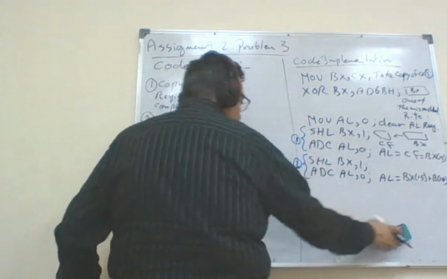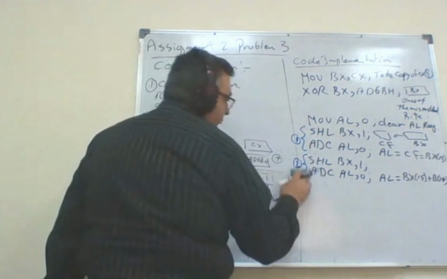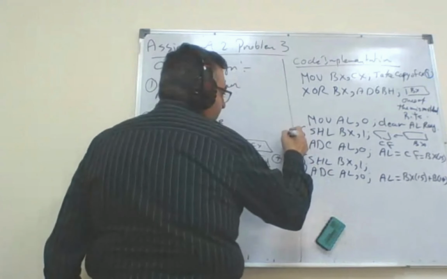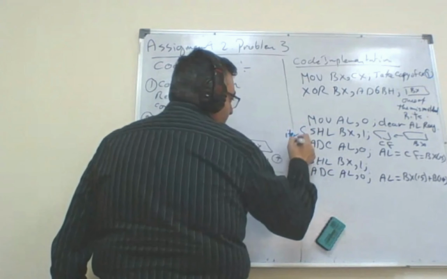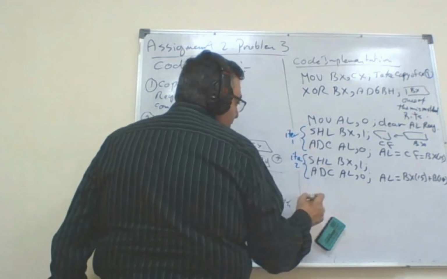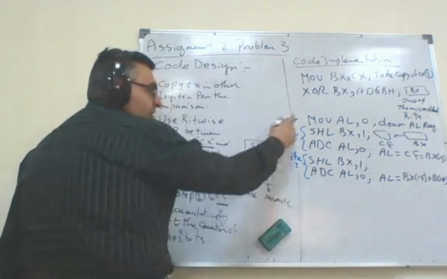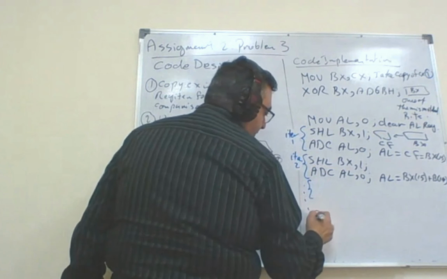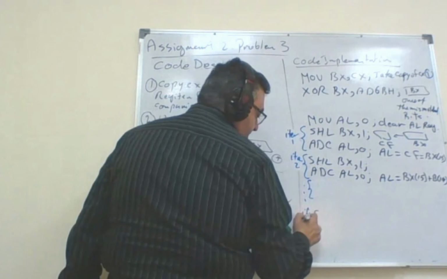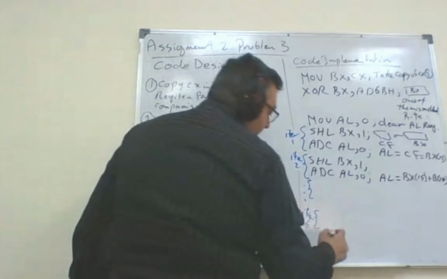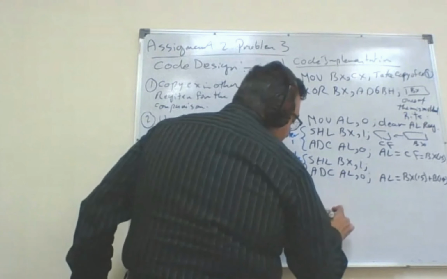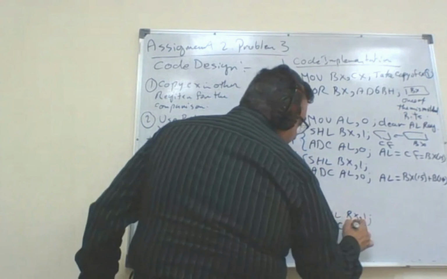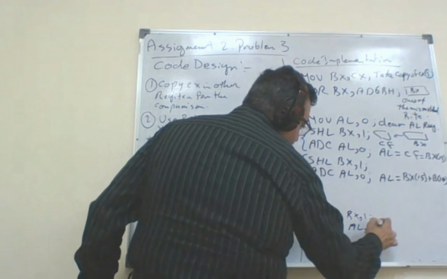So those are actually step 3. Iteration 1, iteration 2, and I will keep repeating this 16 times, up to iteration 16. That means I will have the same exact code, shifting BX to the left and add with carry AL, 0.